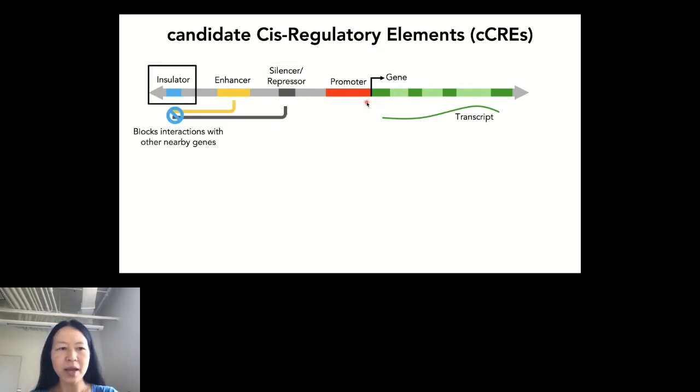And very importantly, we have this specific element called insulator elements that are bound by the CTCF protein in the human genome, and they block inappropriate interactions between enhancers and neighboring genes. Because our genome is one big linear string, and it's very important for insulators to come in and divide the genome into neighborhoods.